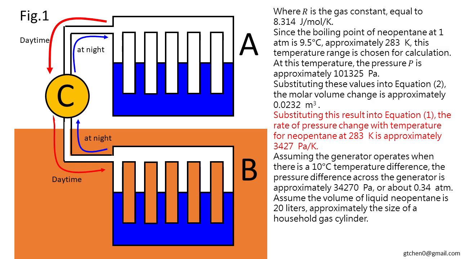Substituting this result into equation 1, the rate of pressure change with temperature for neopentane at 283 Kelvin is approximately 3,427 Pascal per Kelvin. Assuming the generator operates when there is a 10 degrees Celsius temperature difference, the pressure difference across the generator is approximately 34,270 Pascal, or about 0.34 atmosphere.